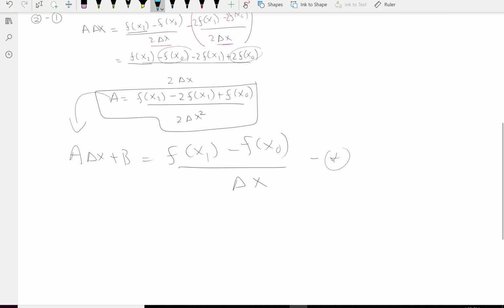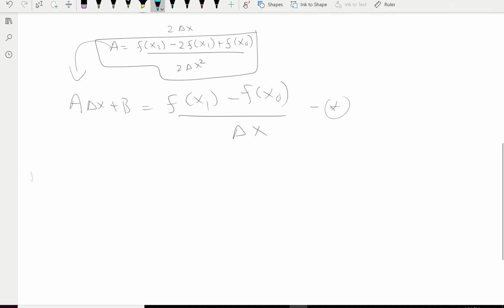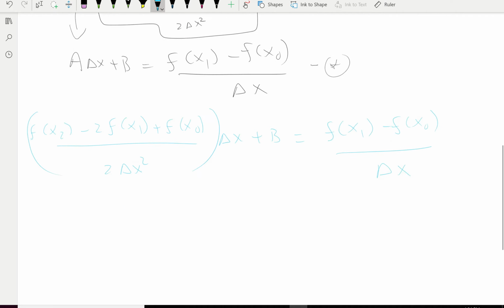To make my simplifications clear, let's do this slowly. So I'm substituting the a that I found in the previous step, f(x2) minus 2f(x1) plus f(x0) over 2Δx², multiplied by Δx, plus b is equal to f(x1) minus f(x0) over Δx.